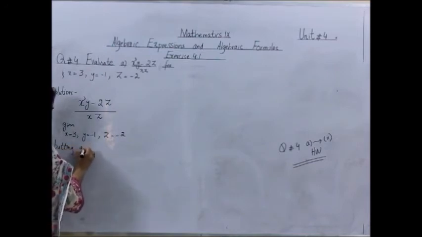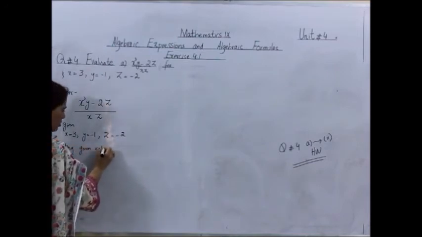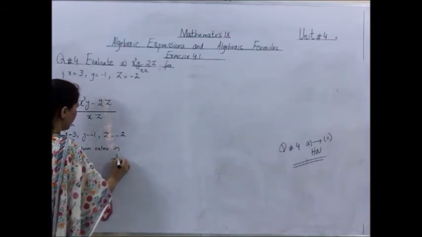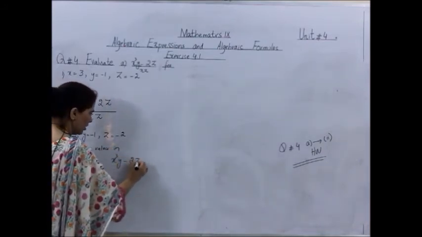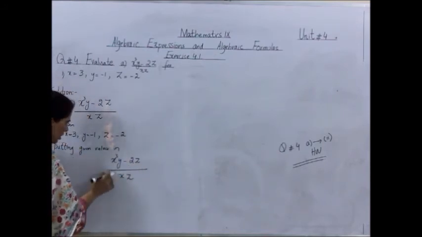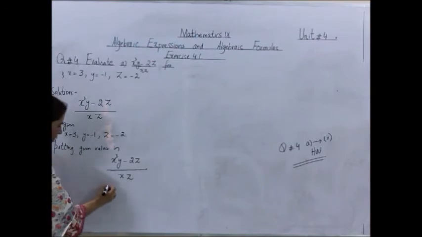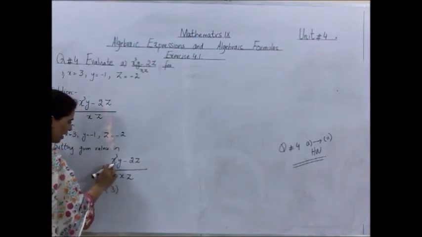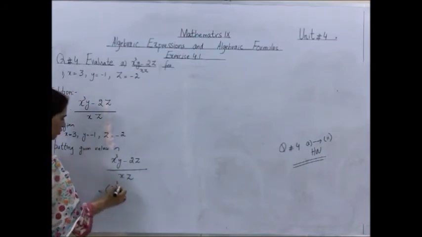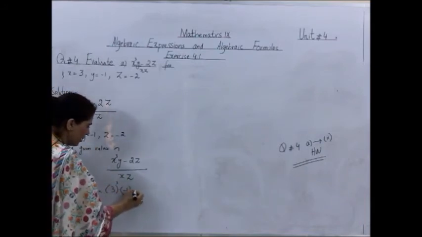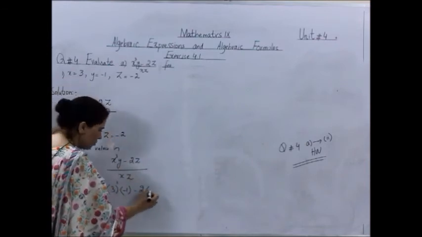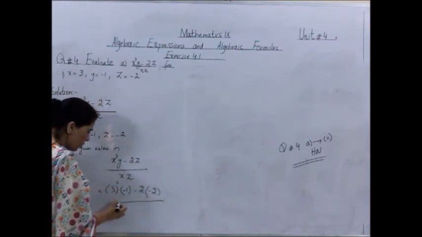Putting the given values in x³: x cube means the value of x is 3, so 3³. The value of y is minus 1, minus 2 times the value of z, which is minus 2.